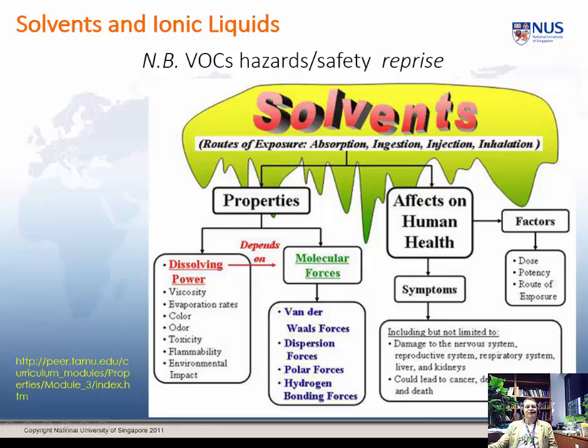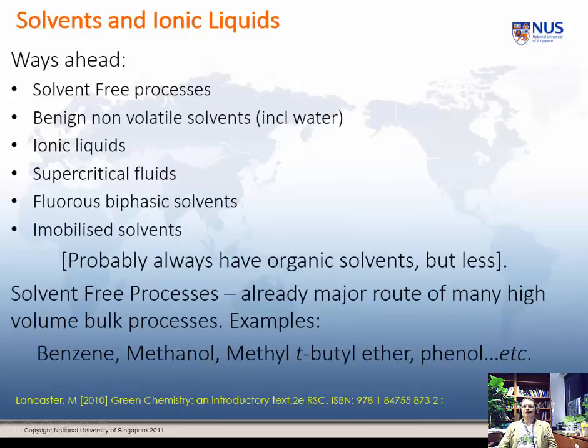So basically, solvents are not the nicest of substances. If we think about mitigation of their effects versus avoidance of their effects, green chemistry, that's the way our thinking will move here. So what would be the ways ahead in these circumstances?